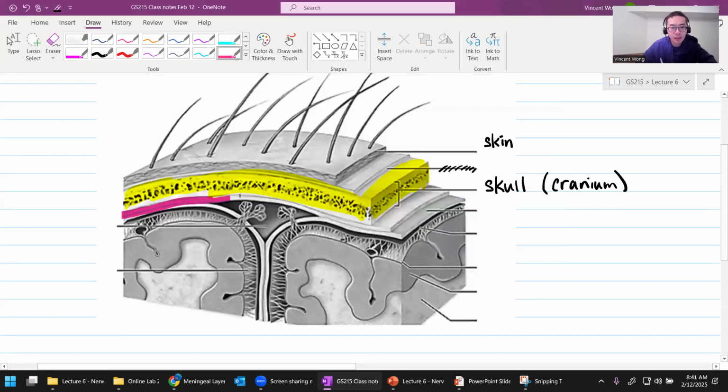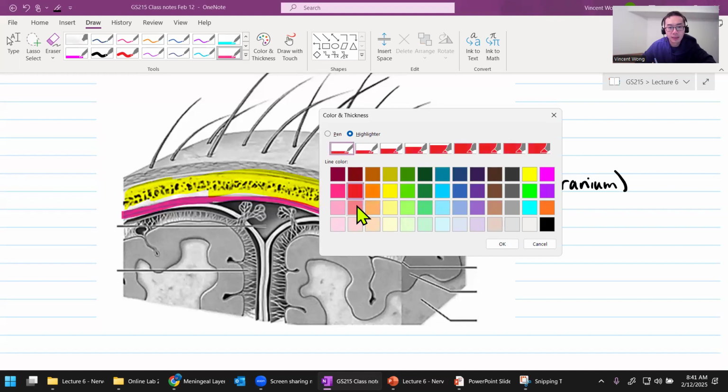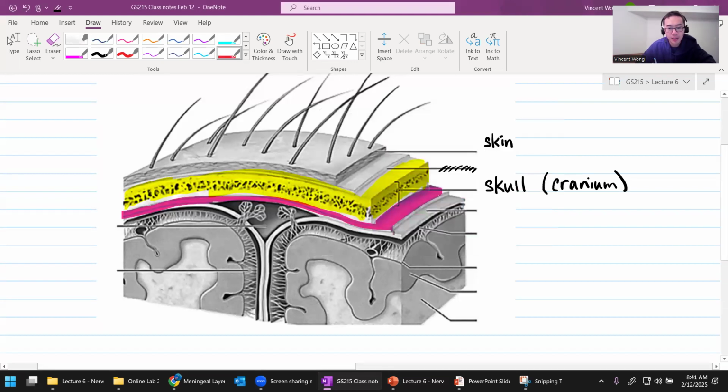So we have one layer right here. Okay, that's one layer of the dura mater. And then I'm going to use a slightly different color. Right there.